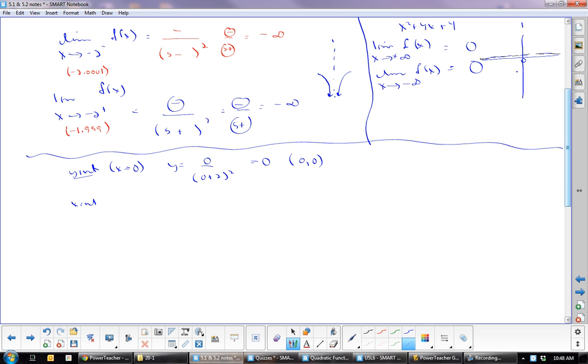For the x-intercept, y equals 0. So 0 equals x over x plus 2 squared. Just by looking at it, what would x have to be? So x equals 0, because if I put a 0 on top, it'll all make it 0. Okay? So it's going through. That's the only x and y intercept.